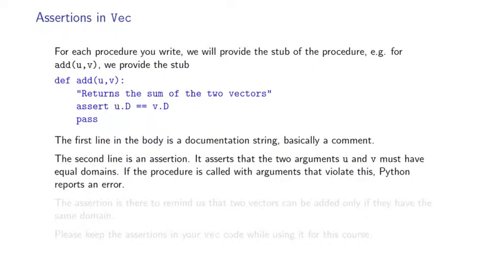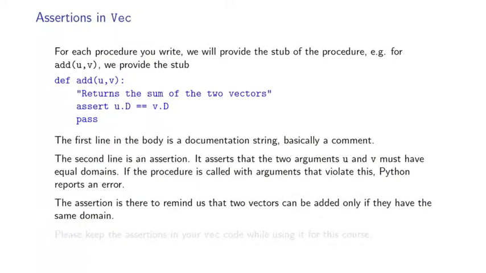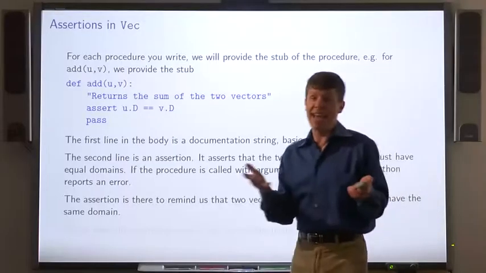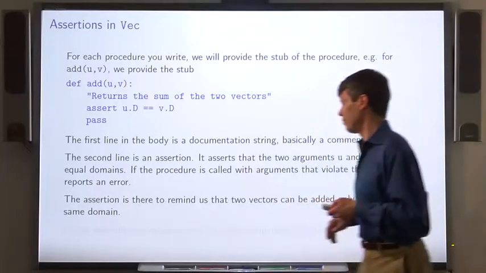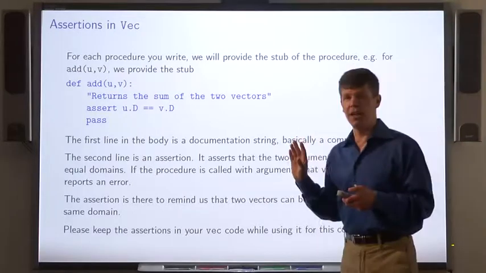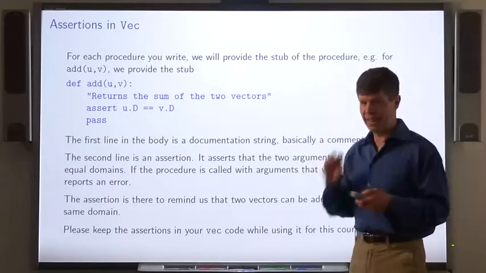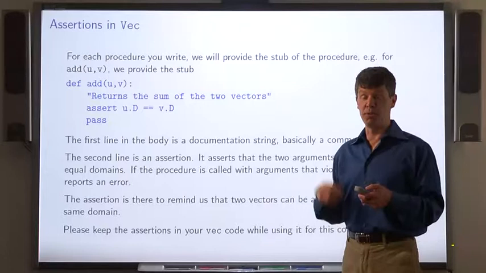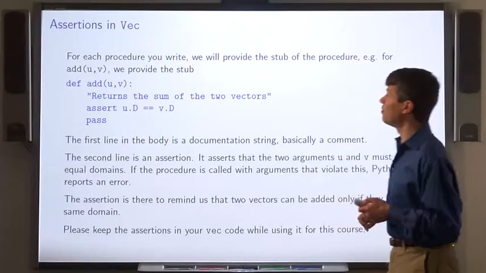Now, if this procedure gets passed two vectors with different domains, it'll report an error. The assertion is there to remind us of a rule of vector addition, namely that you can't add vectors whose domains are different. So let's keep the assertion in the code, at least when writing procedures that use it for this class.